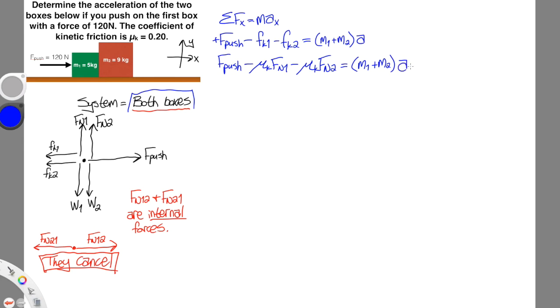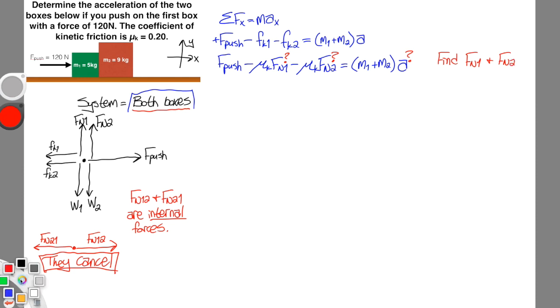So we know almost every value in this equation except Fn1 and Fn2 and our acceleration. So if we can find Fn1 and Fn2, we're good.